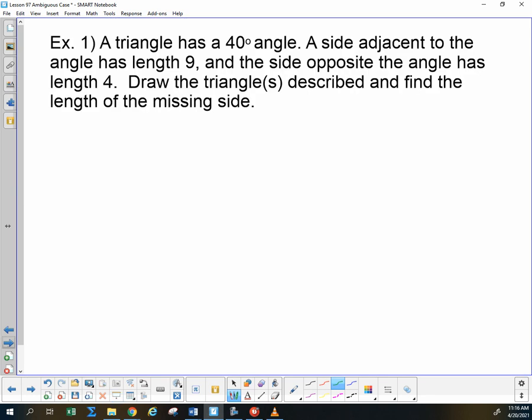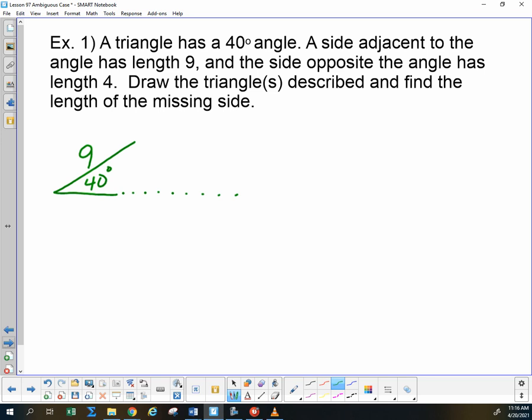So first example, triangle has a 40-degree angle. So I'm going to draw something up here that's kind of sort of looking like it's 40 degrees, and I have no idea how long I'm supposed to draw that bottom side. I know that a side adjacent has length 9, and I always like to put that adjacent one on the top.